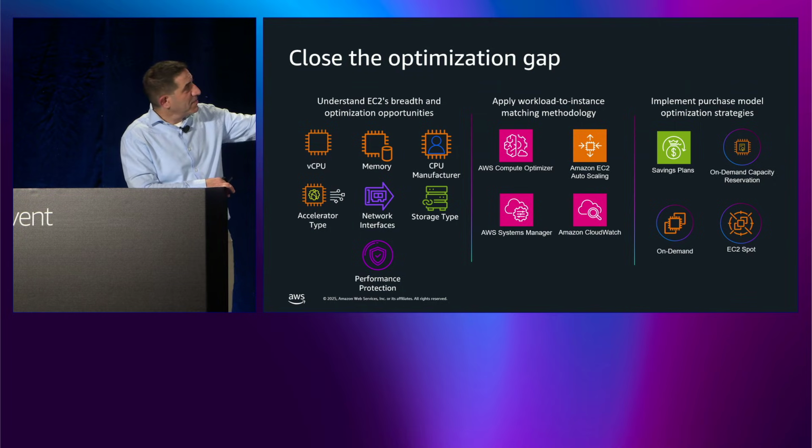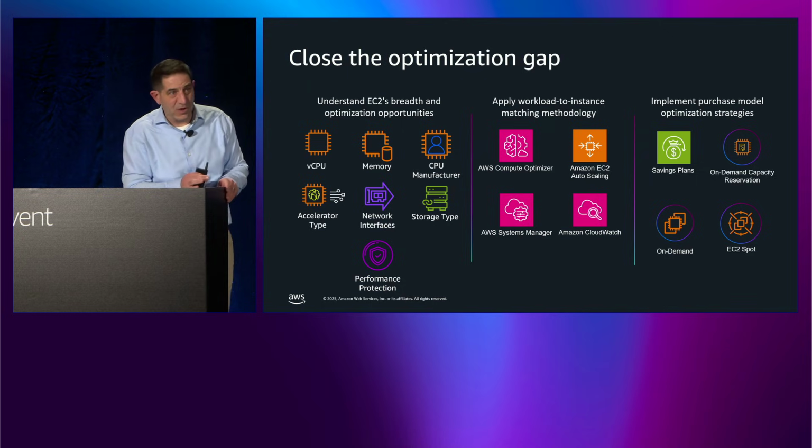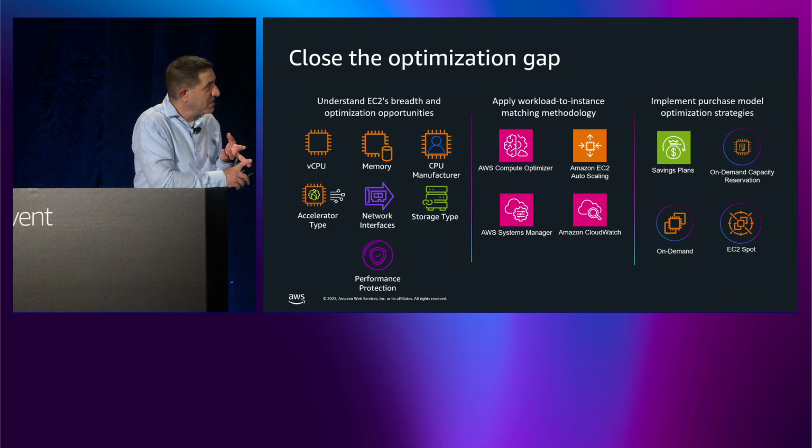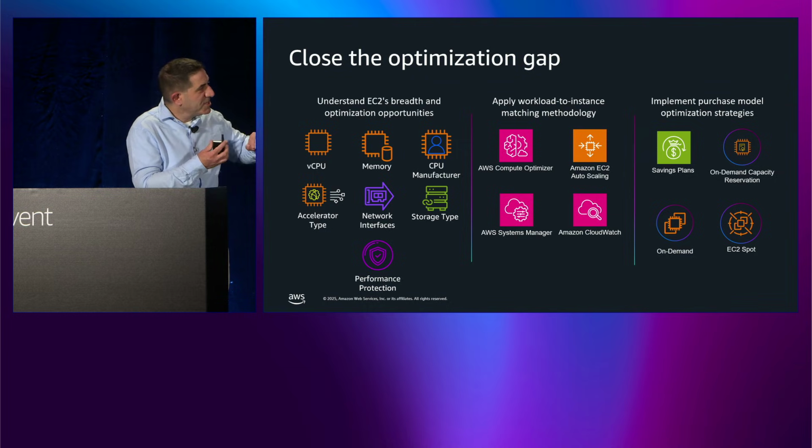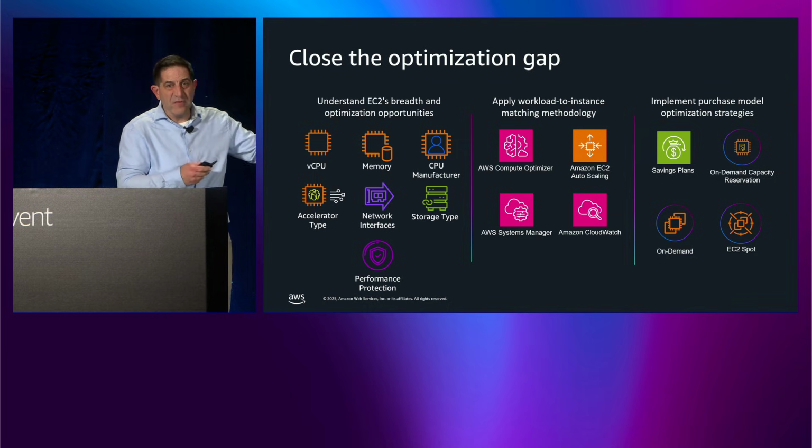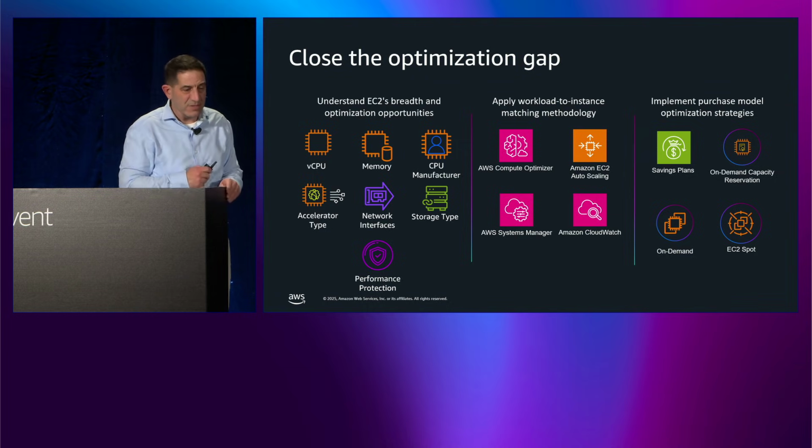And then make sure that you implement the correct purchase model and optimization strategies for your particular workload. So again, think about how to use savings plans, how to use your capacity reservations, and minimize your on-demand and tap into spot for ultimate savings for those flexible workloads.